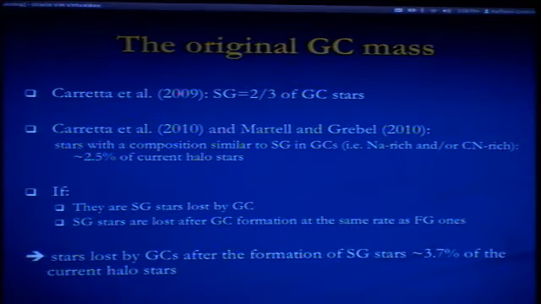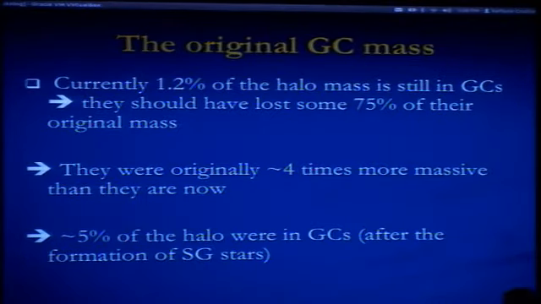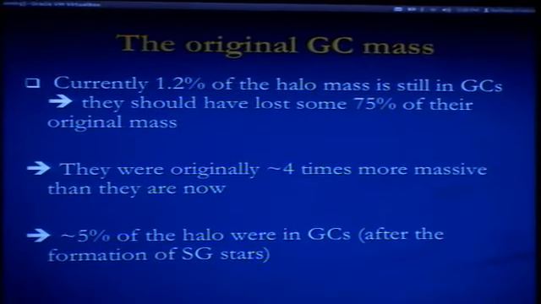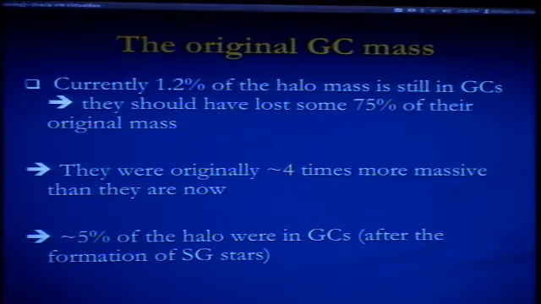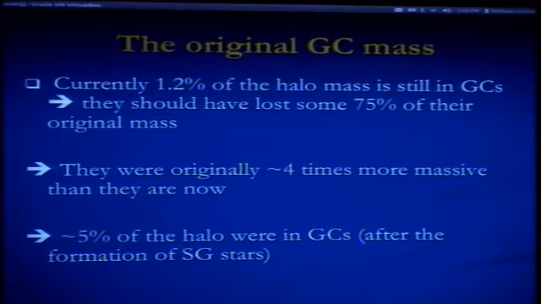So the consequence of this is that we currently have 1.2% of the stars in the halo which are now in globular clusters, while 3.7% should have been in the globular clusters in the past, but are now in the halo.